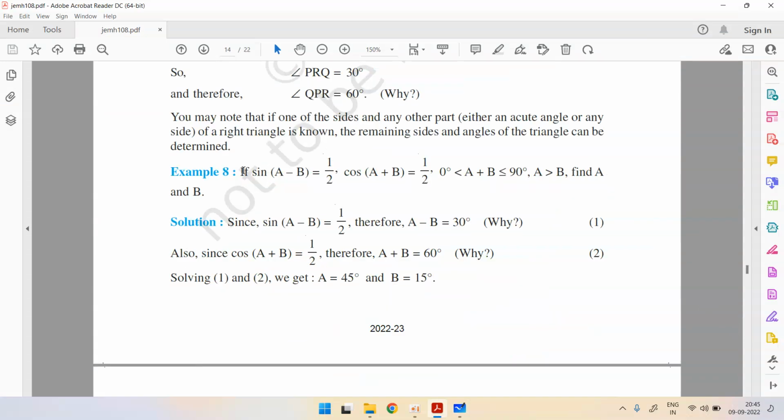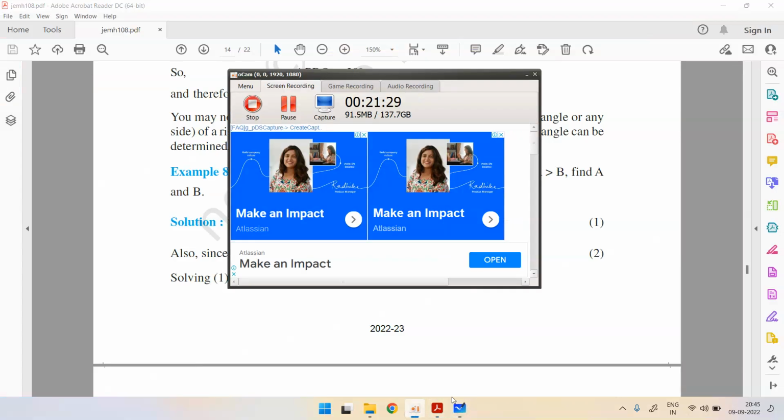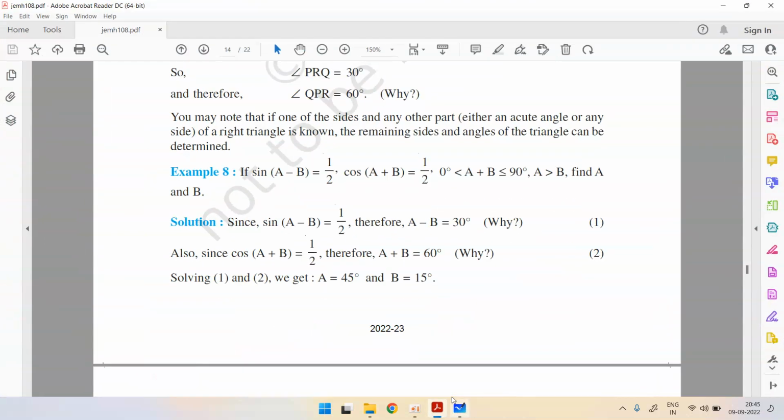So next, find A and B. It is given, example number 8, that sine of A minus B equal to half.